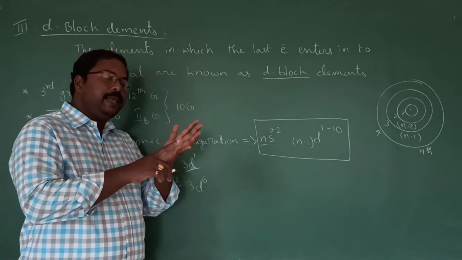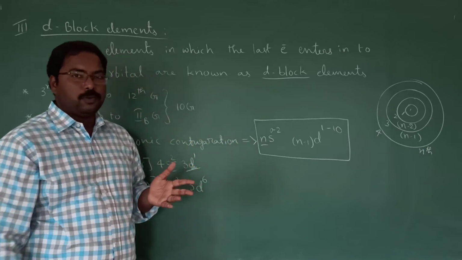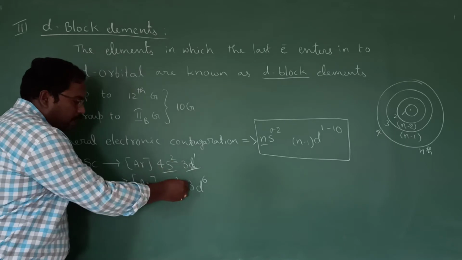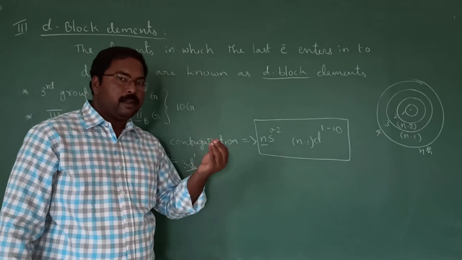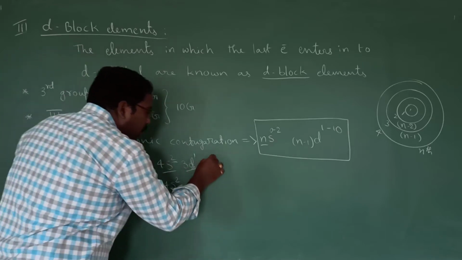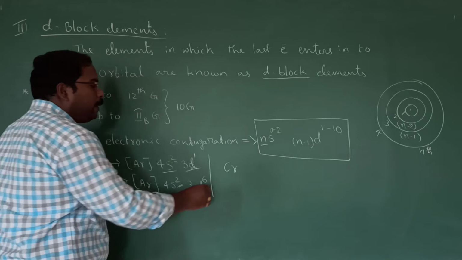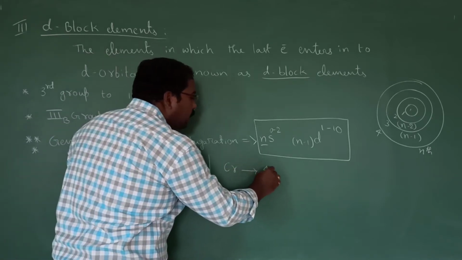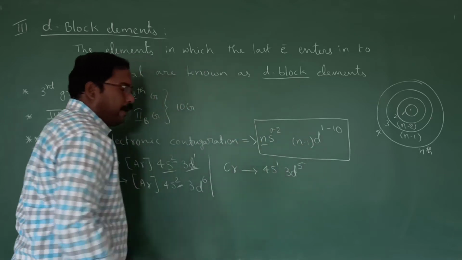ns0 means it can be ns0, ns1, or it can be ns2. ns2 is quite regular. When will it be ns1? You already know about the electronic configuration of chromium. Chromium valence configuration is 4s1 3d5. Okay?